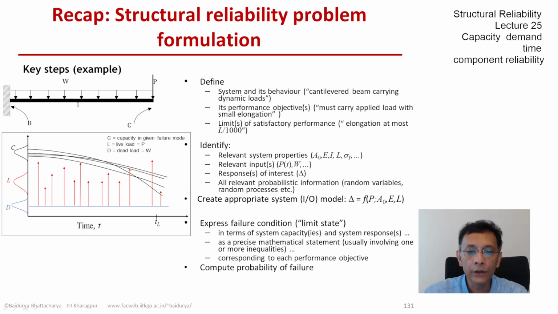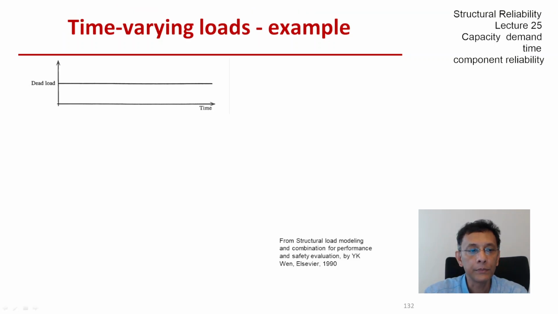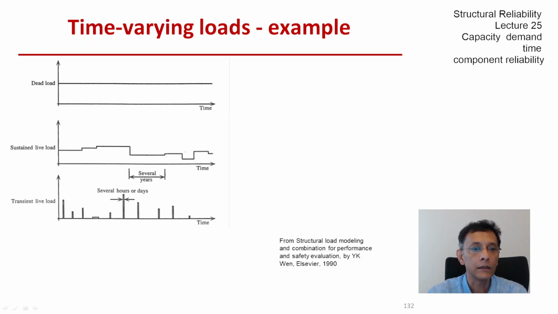Let's take a look at some examples of time varying loads taken from the book by Wen. We have already seen the dead load under case A, the time invariant loads under case 1. Live load could broadly be of two types: the sustained type, where any change that might occur would happen after several years.